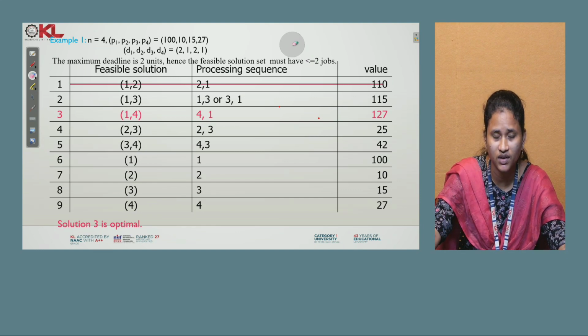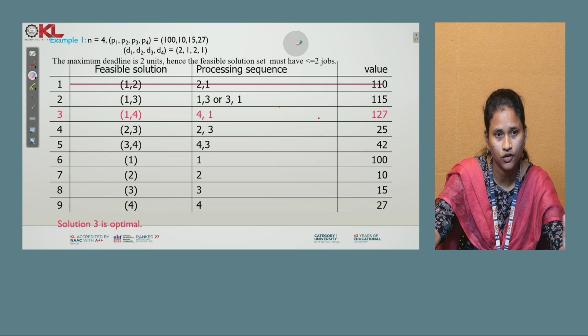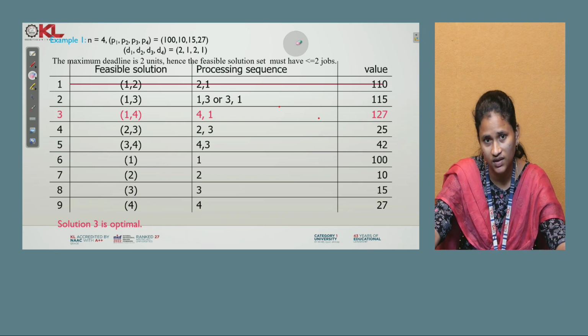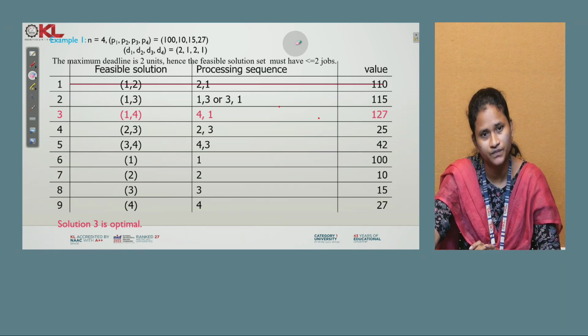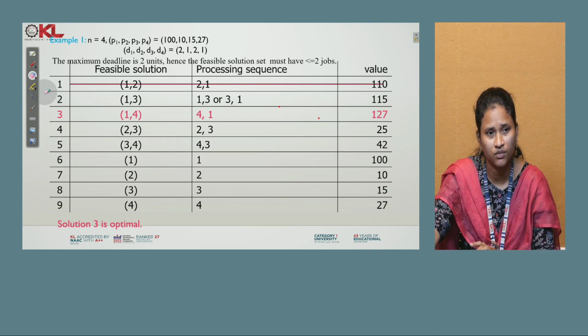Second, find the maximum deadline value, which is the range of the Gantt chart, and draw the Gantt chart. Third, arrange the jobs within the deadline, not outside of it. If we follow these steps, we can solve the job sequencing with deadline problem very easily.